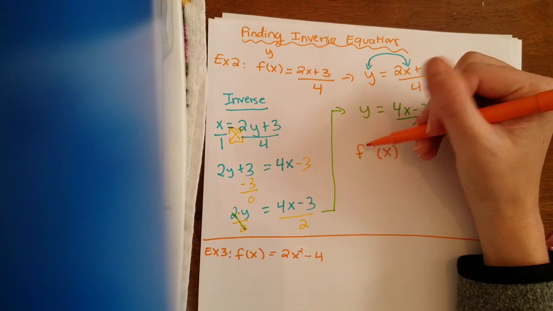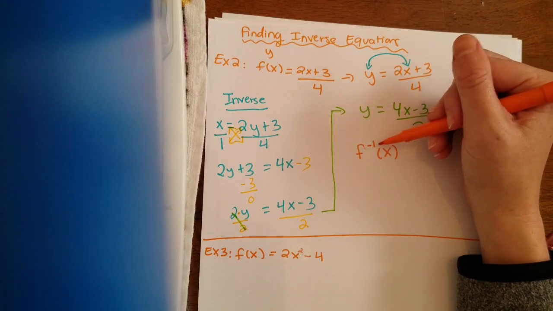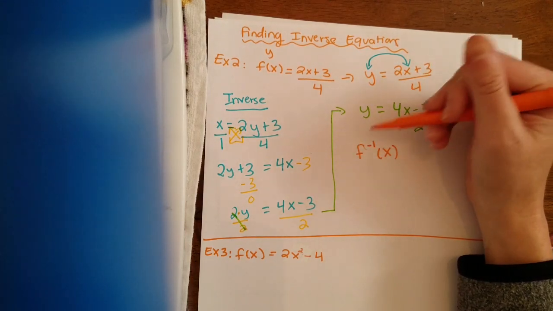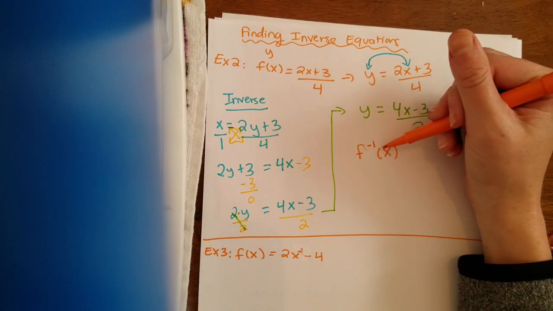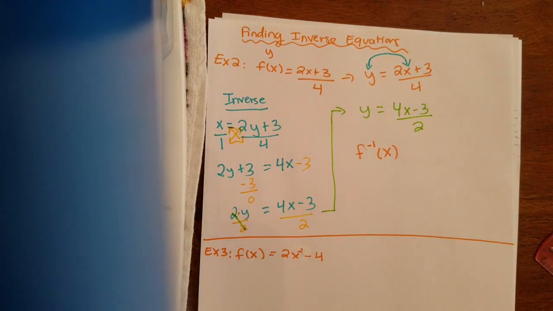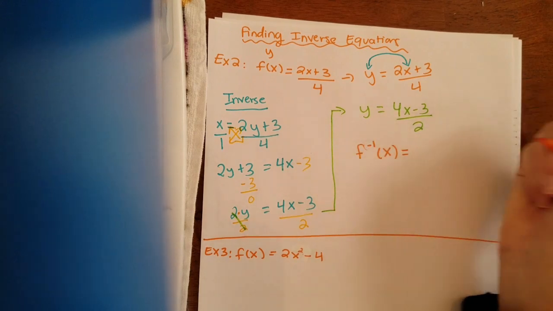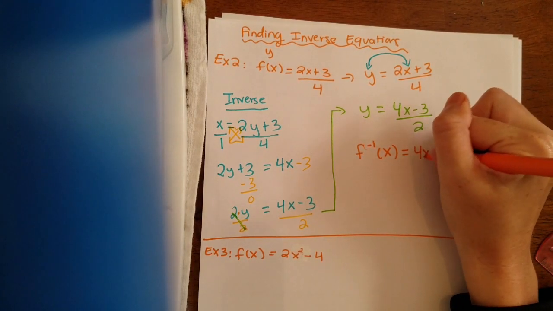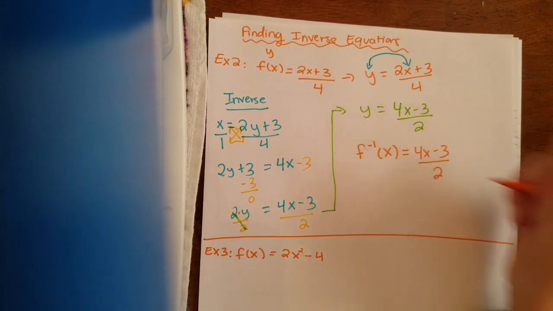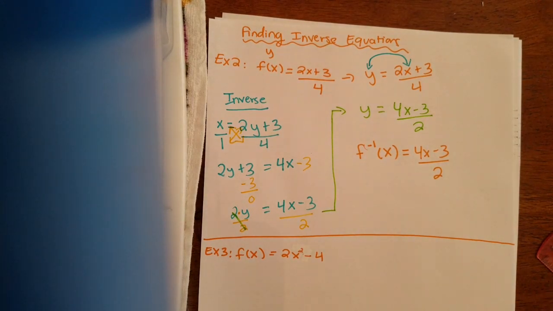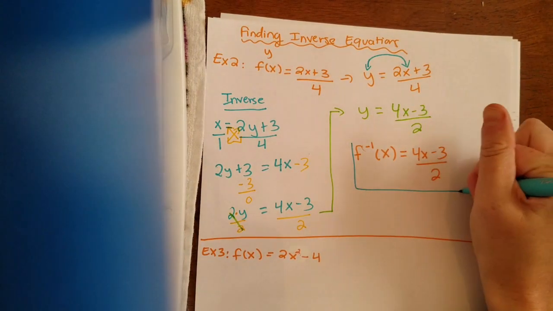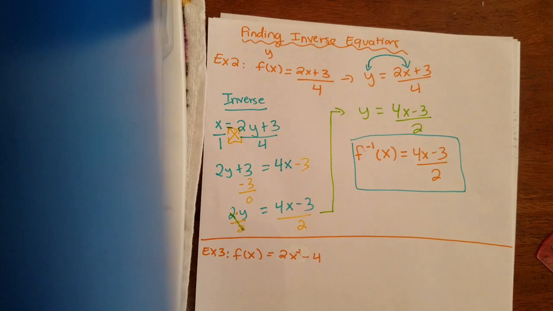This does not mean f raised to the negative 1 power times x. That does not mean that at all. All that means is this is the inverse of f of x. So the inverse of f of x is equal to 4x minus 3 all over 2. Holy hot dog, we're done with that one. Yay! That is our inverse equation.